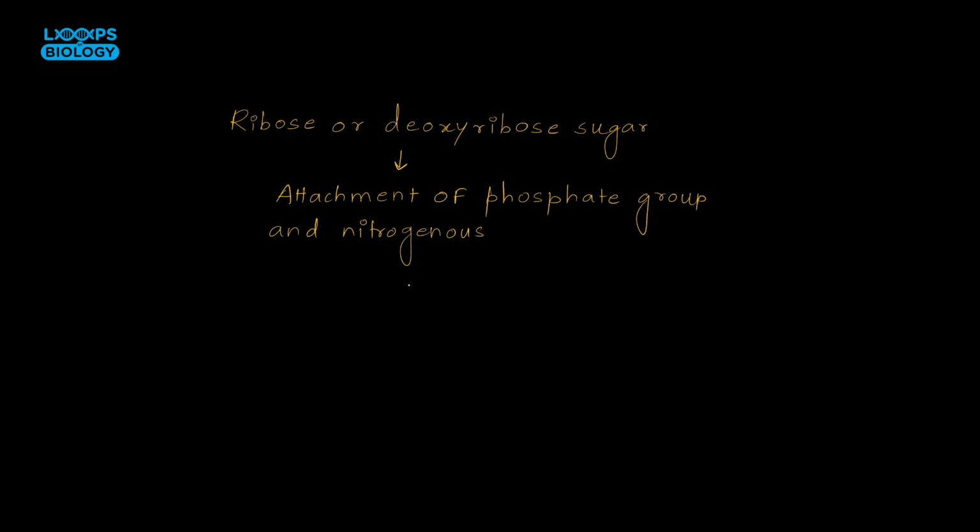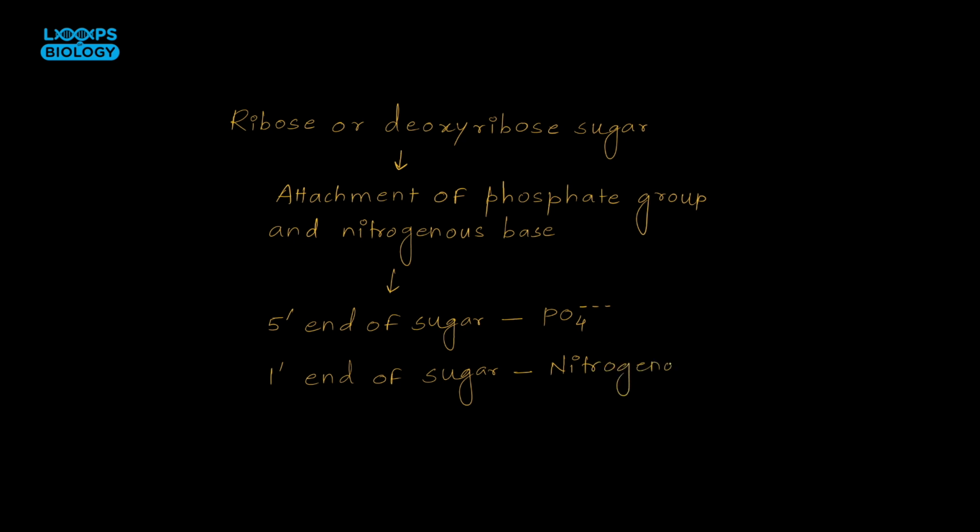So where are these bases and groups going to be attached? On the 5' end of the sugar is basically the attachment of the phosphate group. While if you are considering your nitrogenous base, that is going to be attached on the 1' end. So the 1' end of the sugar is basically helping with attachment of the nitrogenous base.